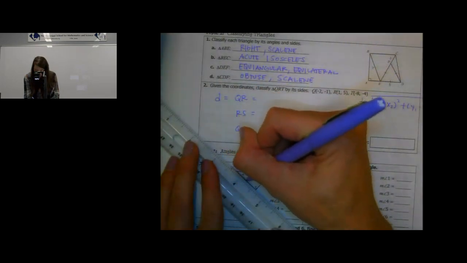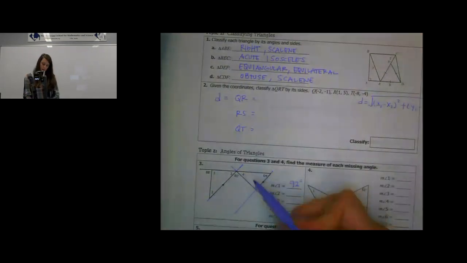So right here, if this is an intersection, this angle and this angle, so measure of angle 5, are going to be congruent. So that 81 and angle 5 there are going to be congruent. So that's going to be 81 degrees.